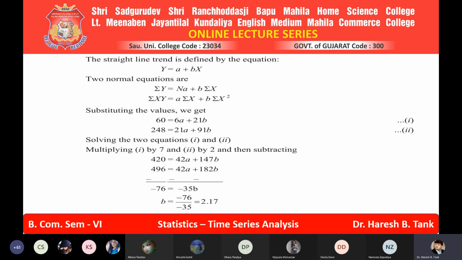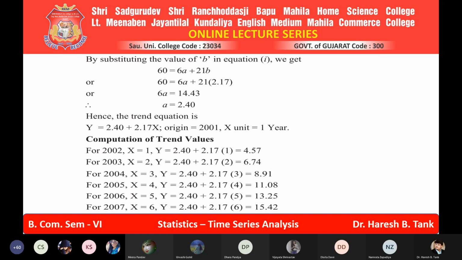For a moment, I'm concentrating on the first equation. 60 is equal to 6 times a plus 21 times b. Now substitute the value of b as 2.17 in that equation. So 60 is equal to 6 times a plus 21 times 2.17.